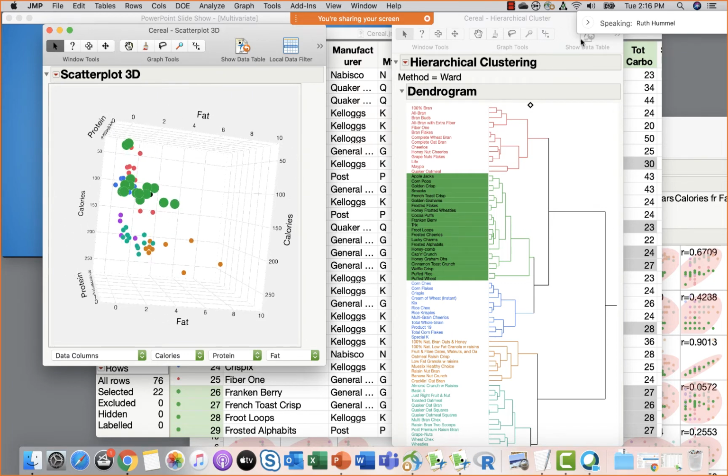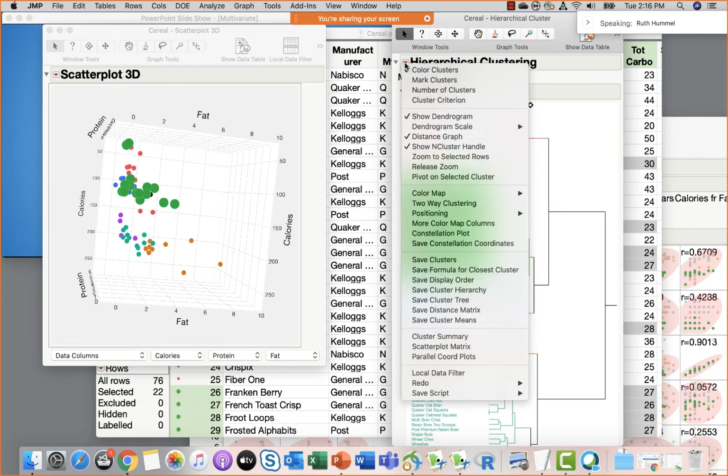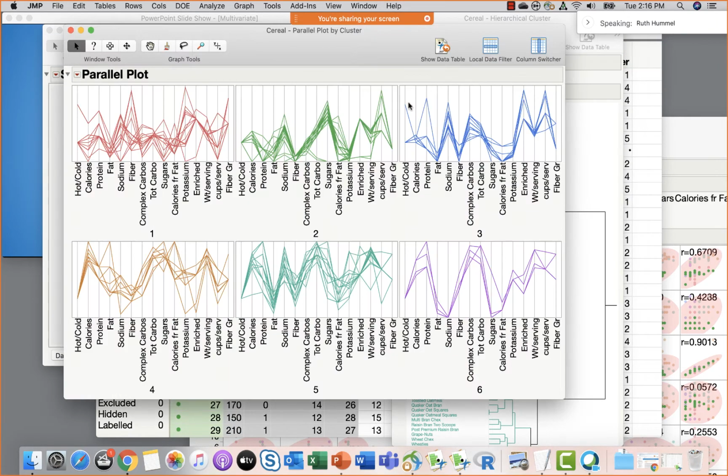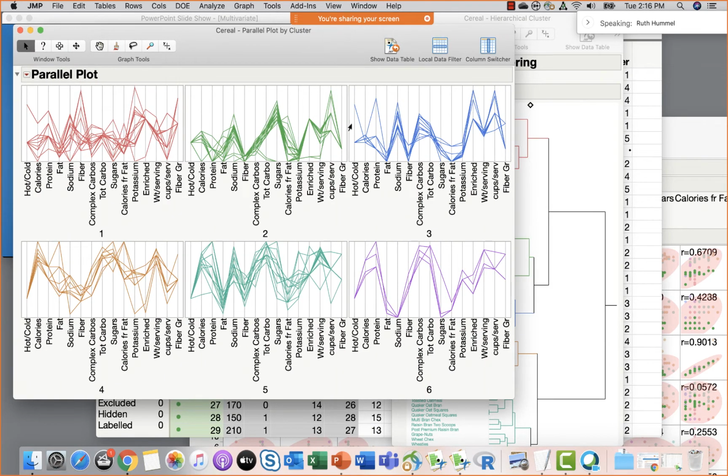So another way that I can look at this really easily is from this red triangle. If I choose the parallel coordinates plot, this is a really nice way to see. So right now I have 6 clusters chosen. I see that each line is one observation, one cereal. So this line here is the All-Bran cereal.